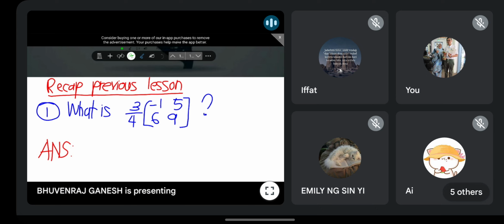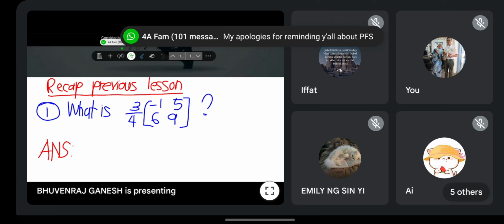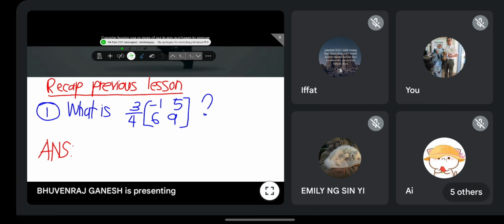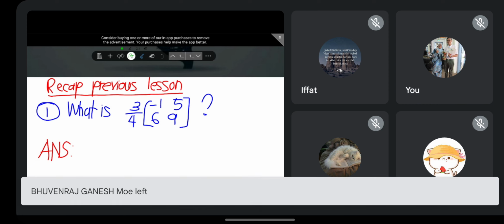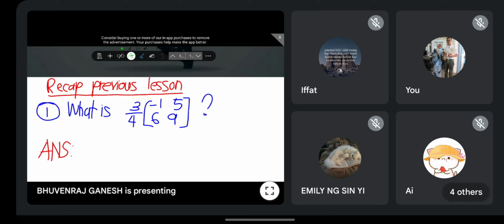So when you get the answer, tell me ya, bila dapat jawapan. So anyone got the answer already? Can you all share?